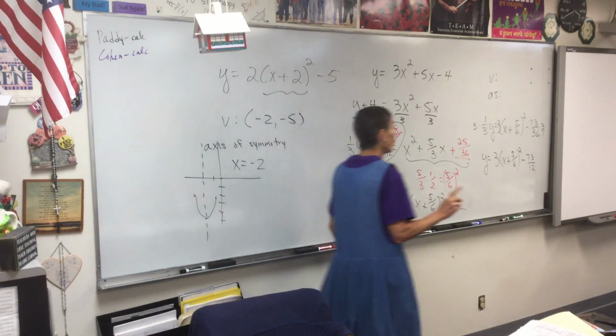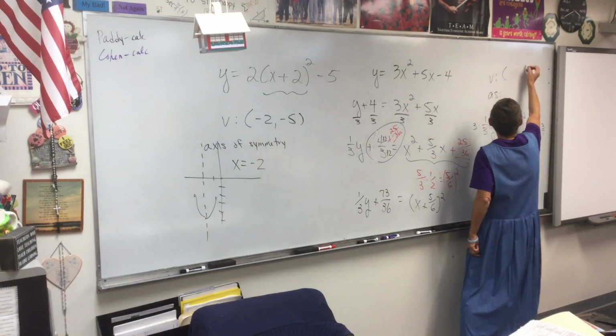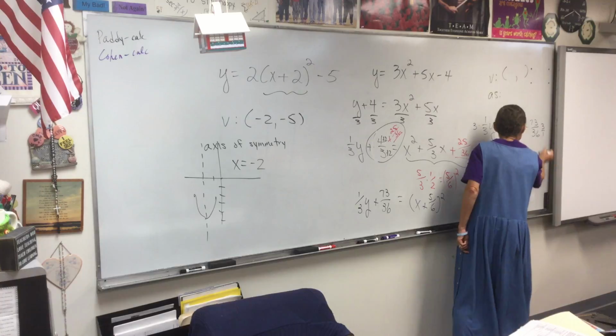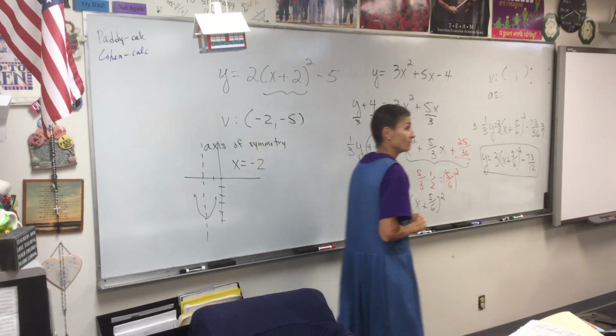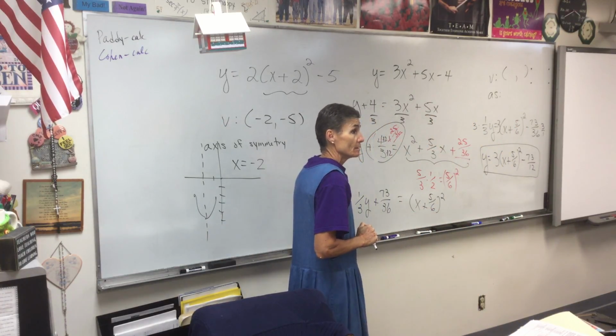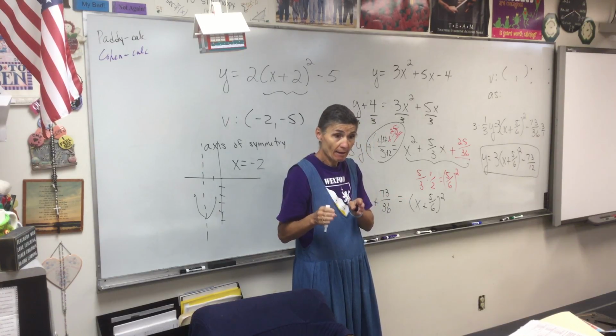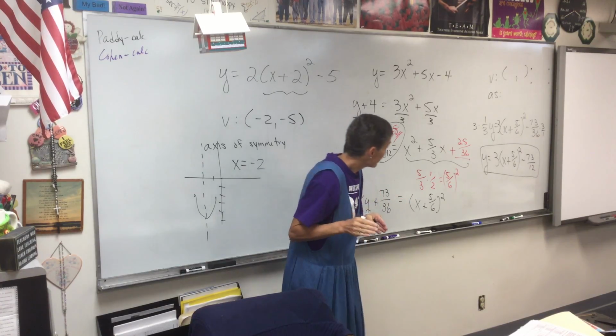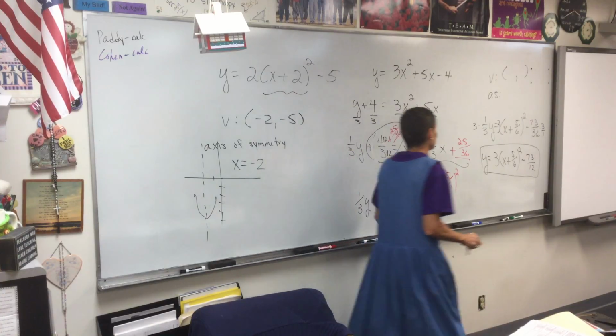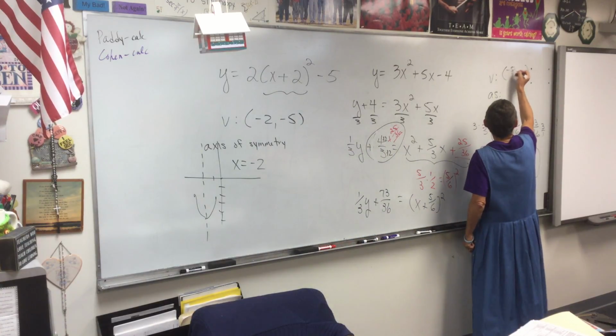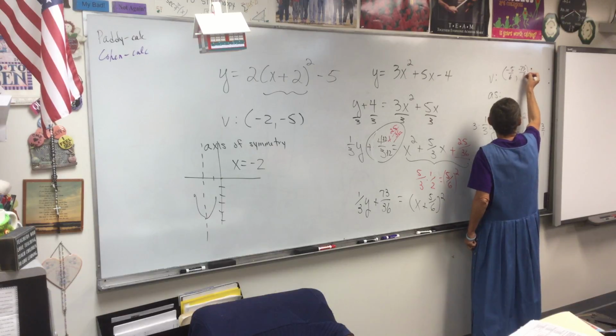So, the goal was to find the vertex. Can we now look at our equation and find the vertex? This parabola has been moved how? Left 5/6, and down 73/12. So the vertex is (-5/6, -73/12).